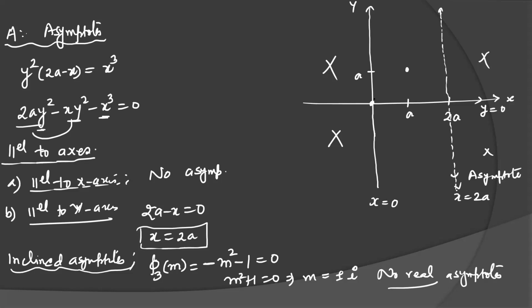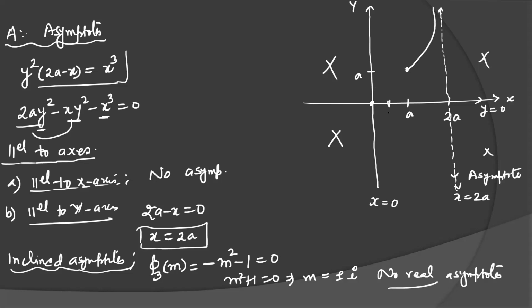Now, it cannot go in a straight line because the degree is not 1. If the degree is not 1, then the curve will not be a straight line. Now the problem is whether it will go from above to this point, or from below. We have to see all the cases. This is actually the asymptote, so it will come like this. Now we have to see whether by this way or by this way.